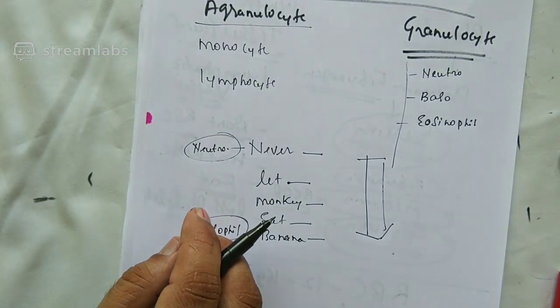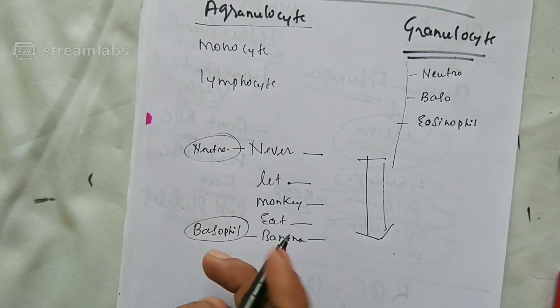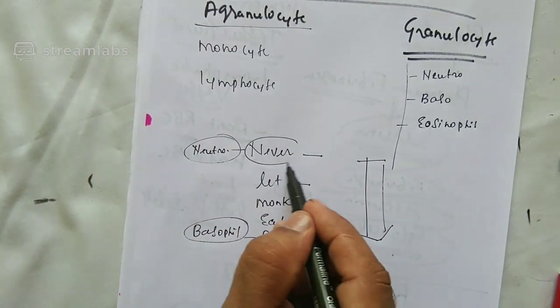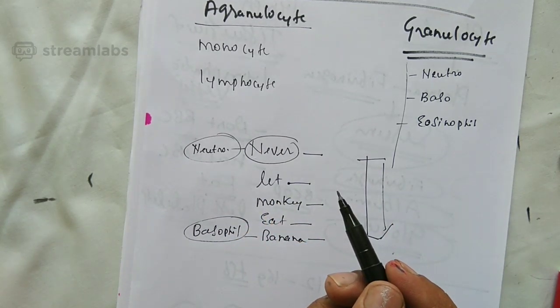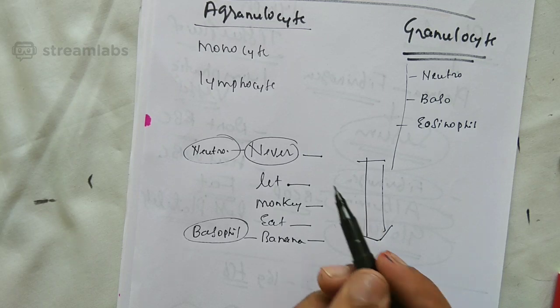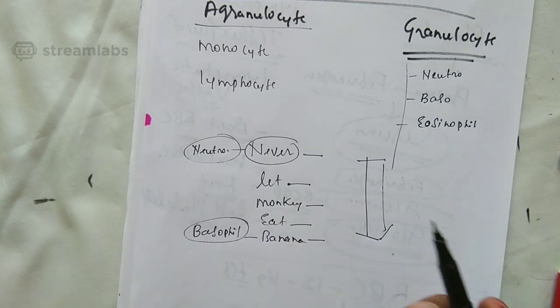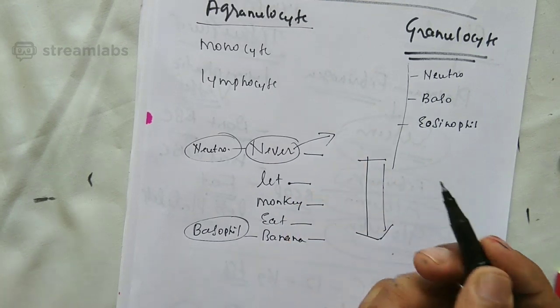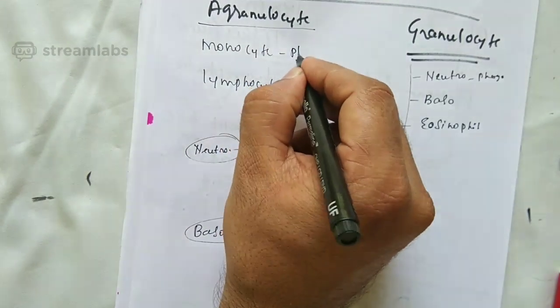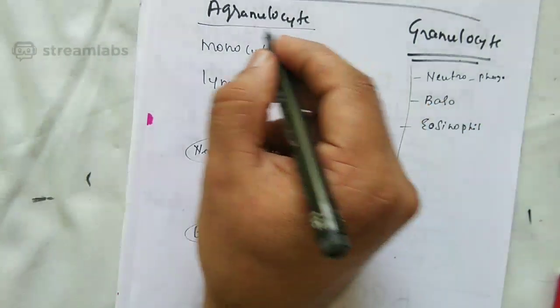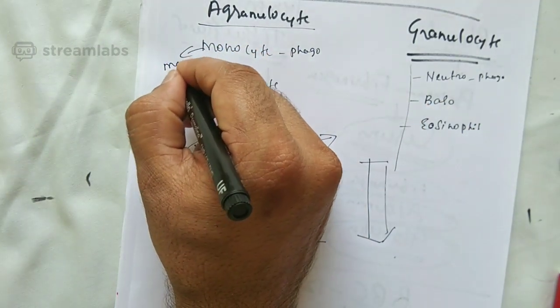Highest is the neutrophil. The neutrophil number goes on decreasing, preferably in the case of the leukemia condition. And it's phagocytic in nature. Which one? Phagocytic in nature. Neutrophil. Monocyte is also phagocytic in nature. Monocyte later becomes what? Macrophage.